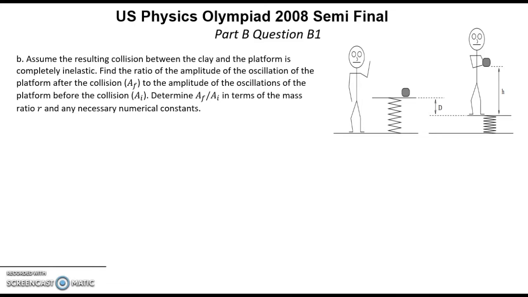First of all, we can find the new equilibrium position for the first oscillation, because this oscillation stops right on a distance d.